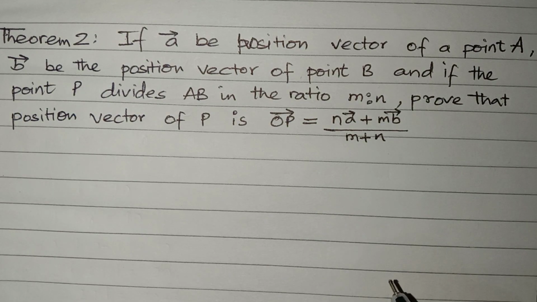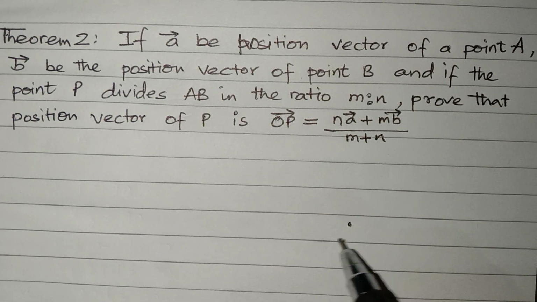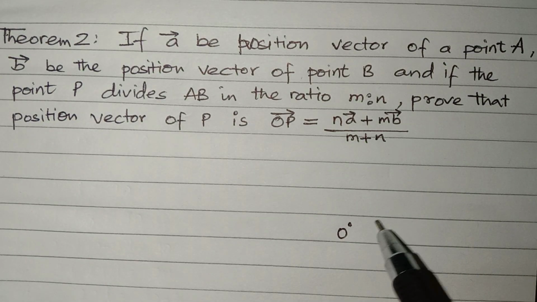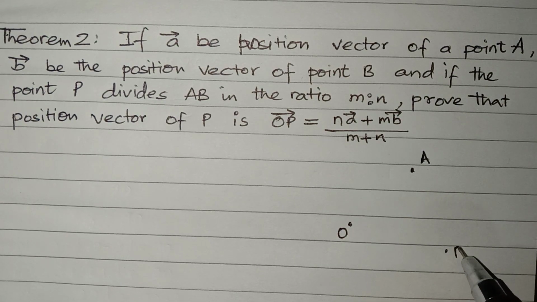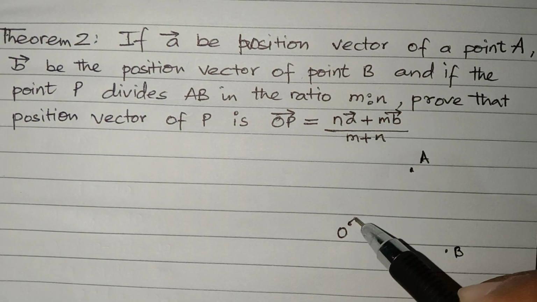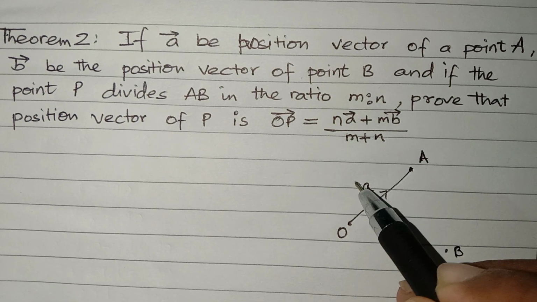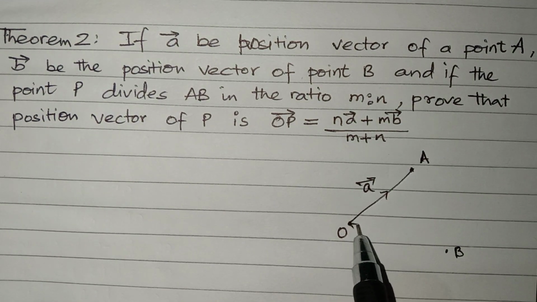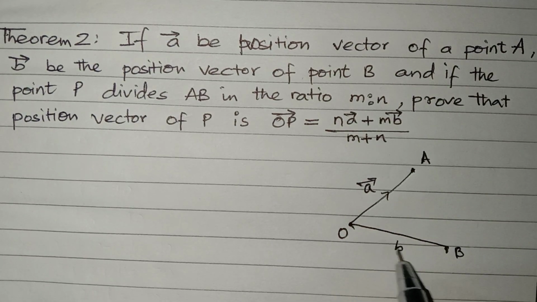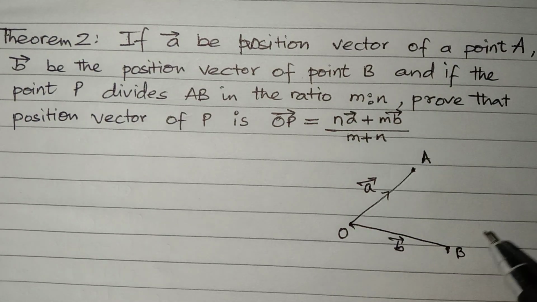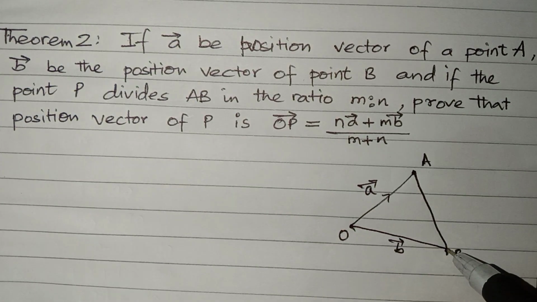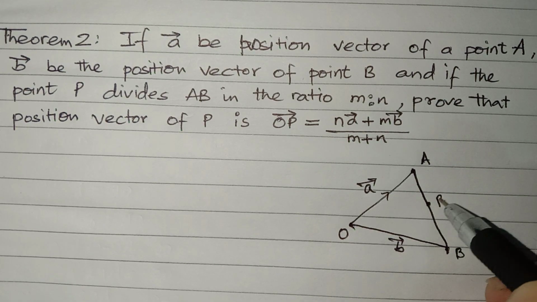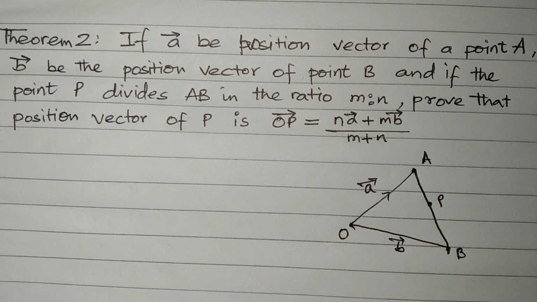So here are the position vectors. Let's take the origin O here, and I have point A. Similarly, I have another point B. Now the position vector of A is vector A, and the position vector of B is vector B. That's given. And in between A and B there is a point P which divides AB in the ratio m:n.